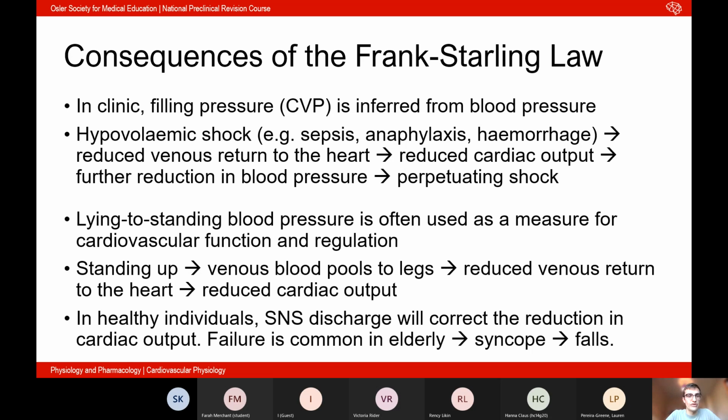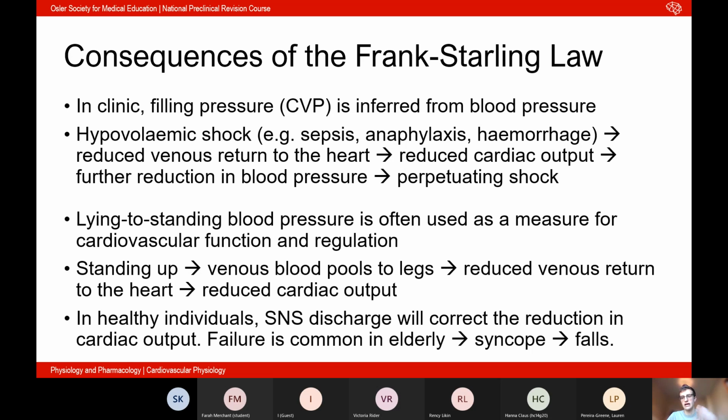So where you have hypovolemic shock, that's failure of the circulation system because of dilation of the blood vessels and not enough venous return to the heart, you will have reduced cardiac output, which will perpetuate that shock. It's also quite interesting to think about lying to standing blood pressure.